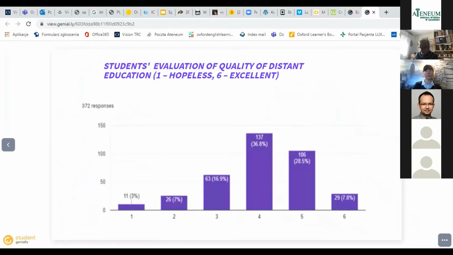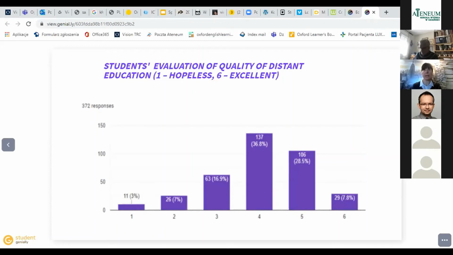When it comes to the results of the questionnaire, one of the first questions referred to students' evaluation of the quality of distant education. And as you can see on the screen, a majority of students, as many as almost 3/4, that's 73% of the students, were at least moderately satisfied with online teaching.